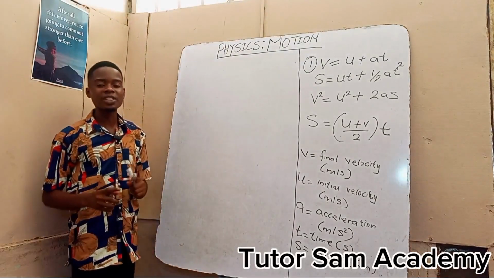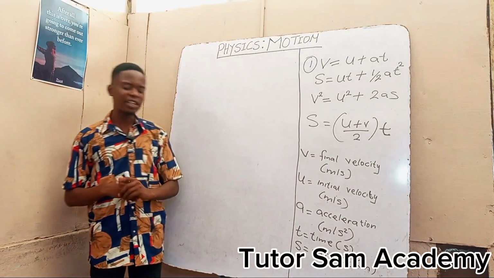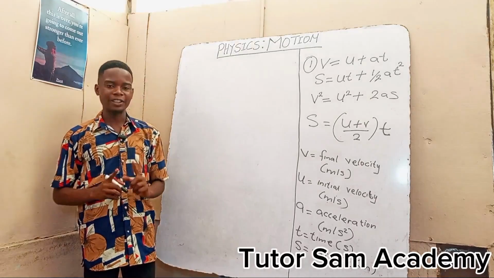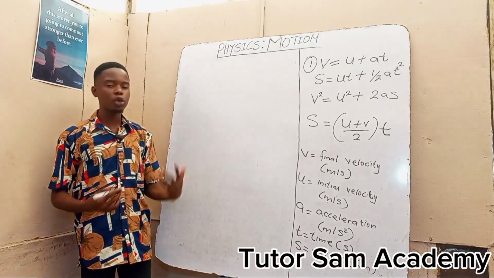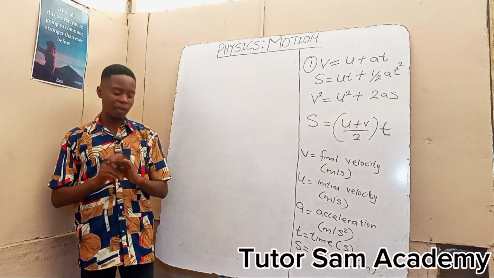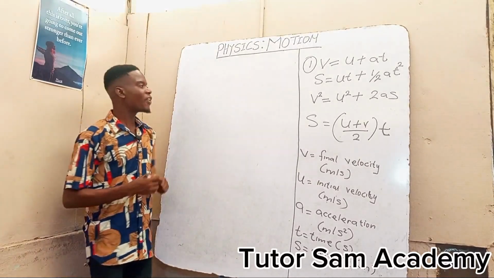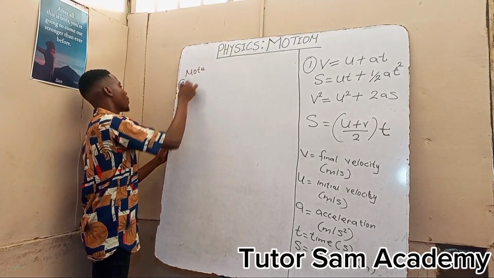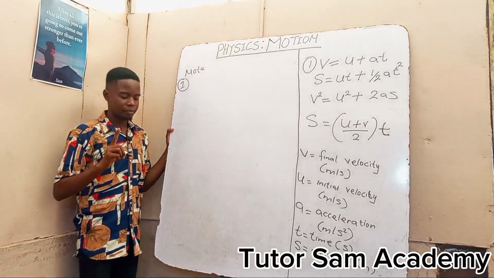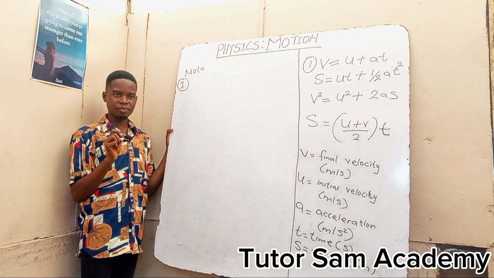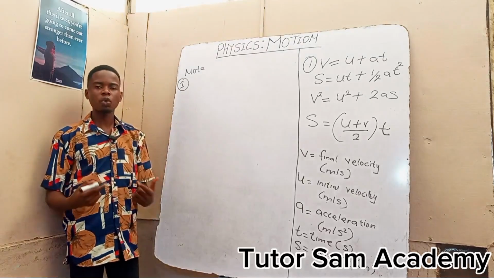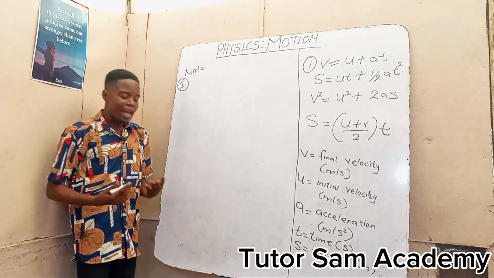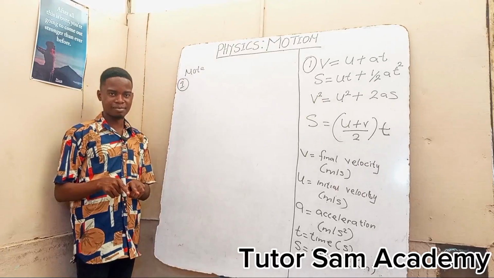Now, there are a few things I would like us to take note of. Before I solve questions, I'll give us 3 things to take note of. We've talked about motion; it involves change in position of a body. Number 1: if a body begins from rest, you might have encountered some questions where they say a body begins from rest.